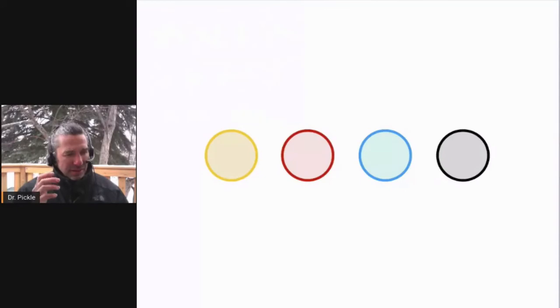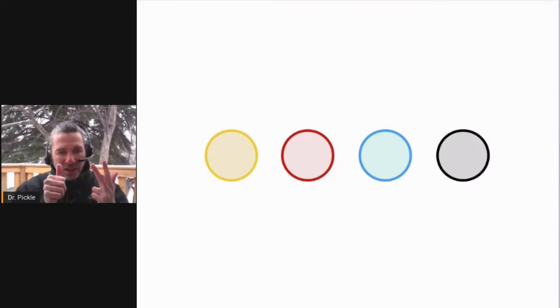How many was that? Anyway, 1, 2, 3, 4, 5, 6. Was that 6? Okay, let's do this. Number 1, yellow and red. Number 2, yellow and blue. Number 3, yellow and black.